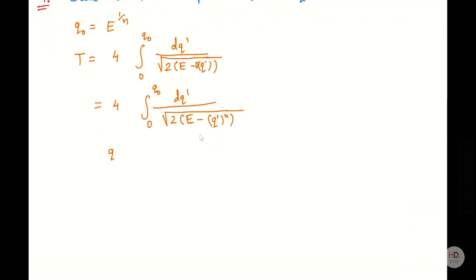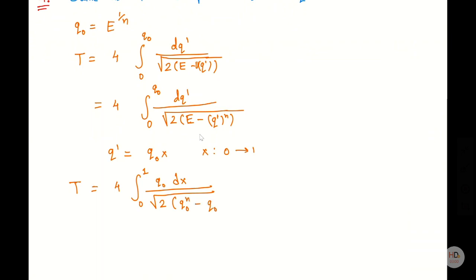Again, same thing: we write q prime as q0 into x, so that x goes from 0 to 1, and the time period becomes 4 times the integral from 0 to 1 of q0 dx divided by square root of 2 times e minus q0 to the power n times x raised to n.